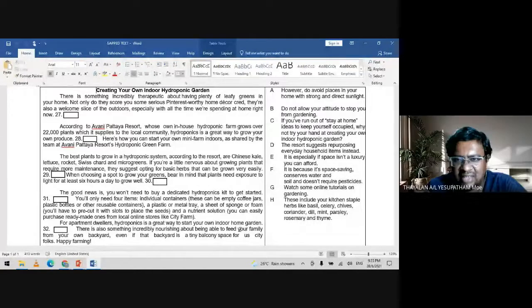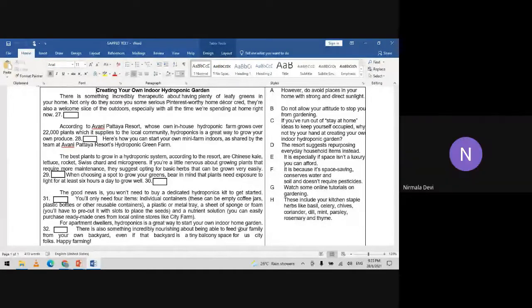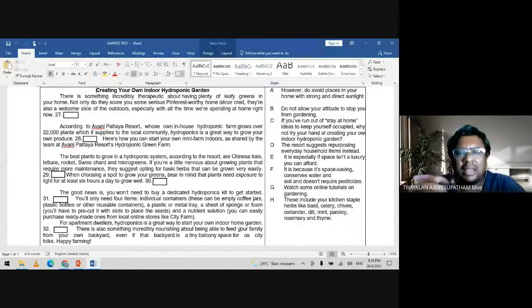After that, it says, it is because it's space saving, conserves water and soil, and doesn't require pesticides. Okay, let's hold it there. G, online tutorials, no. H, kitchen staple herbs, no. So the answer is F. You will have to take a lot of time to go through every option one by one. Now, F is also off the list.